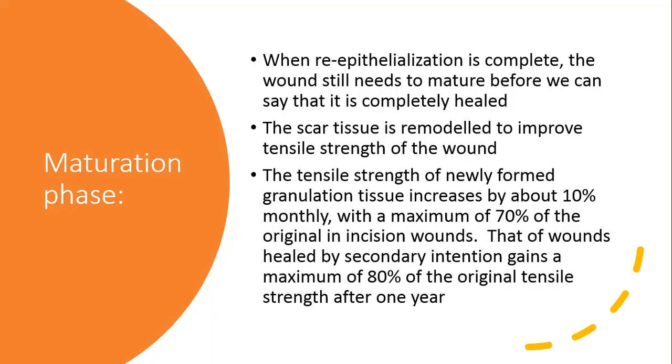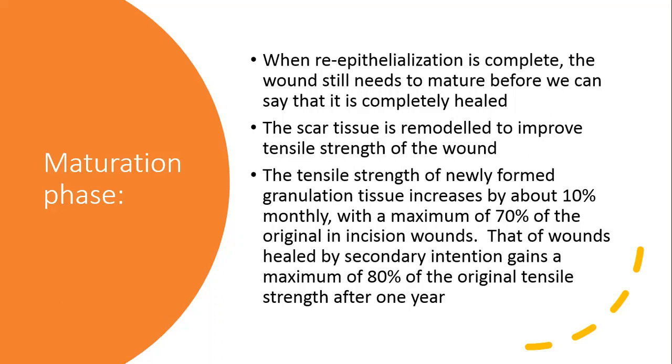The tensile strength of newly formed granulation tissue increases by about 10% monthly, with a maximum of 70% of the original in incision wounds. This refers to when we had an operation and the doctor closed it with clips or sutures. Every month, that tensile strength gains 10%.